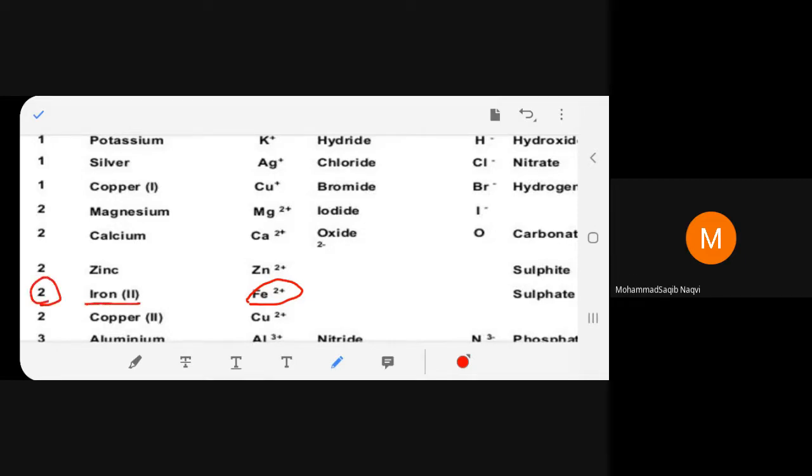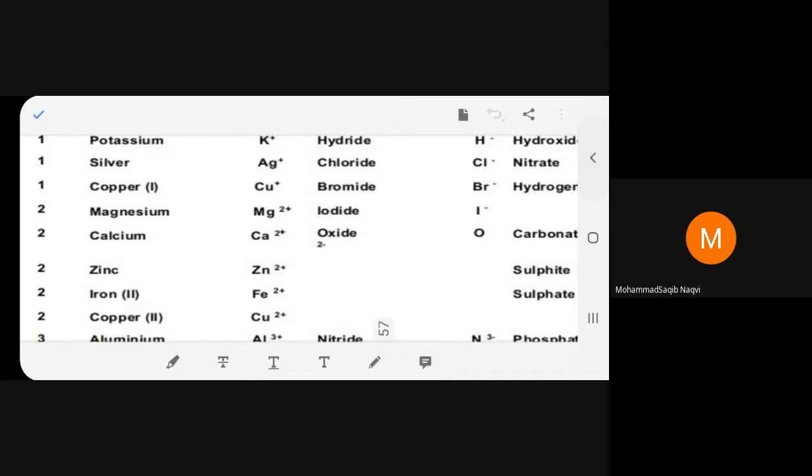That means the number of electrons in the outermost shell is 2. Cu2 plus, copper, number of electrons in the outermost shell 2. Then we have aluminum, Al 3 plus, and the valence is 3. Is it understandable? So whatever plus and minus you see on the top as the superscript becomes the valency.